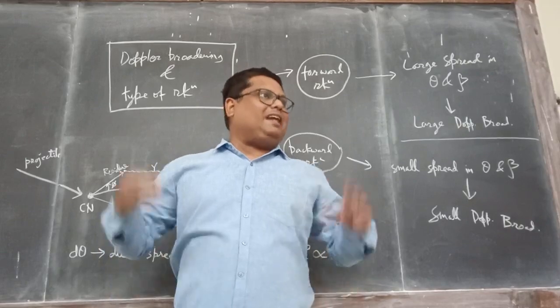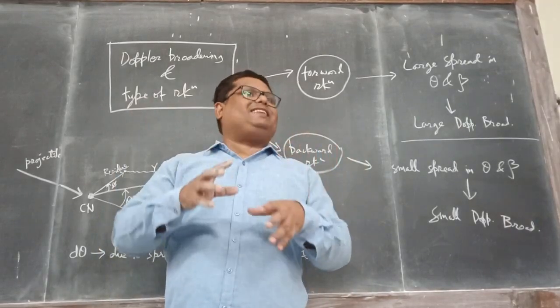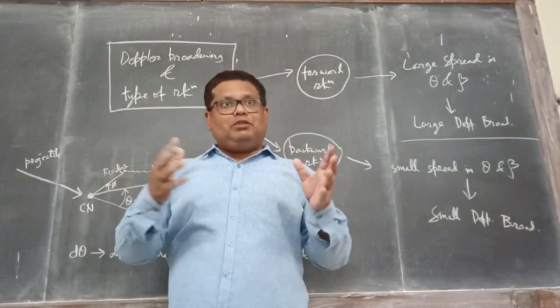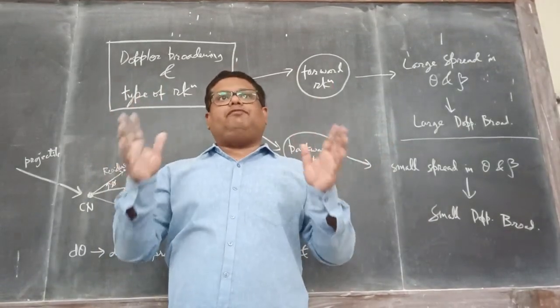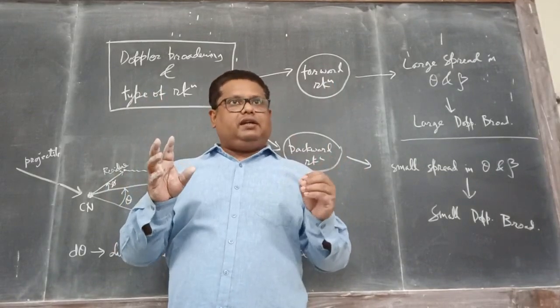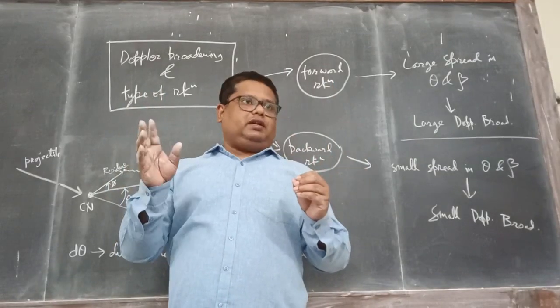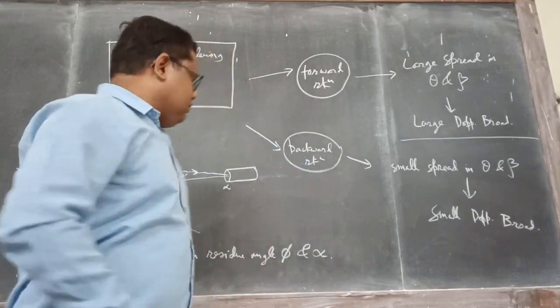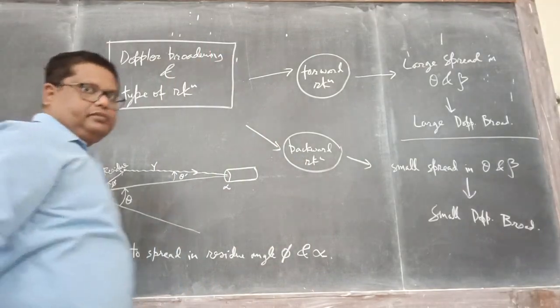Remember what happens if the mass of the projectile is infinity or it is twice the mass of the target, something like that. So this is what I mean by forward and backward. Forward means projectile mass is lower than target. Backward means projectile mass is much larger than target. Okay. Now see what happens.